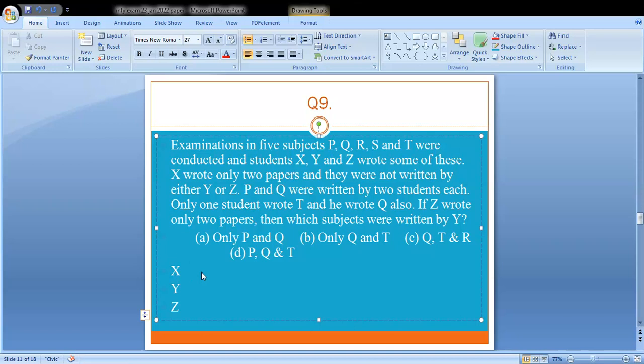P and Q were written by two students each. If I take that as X and Y, let us check.